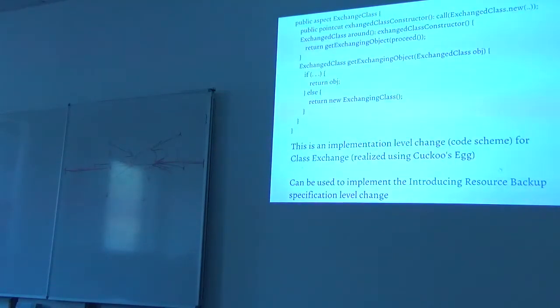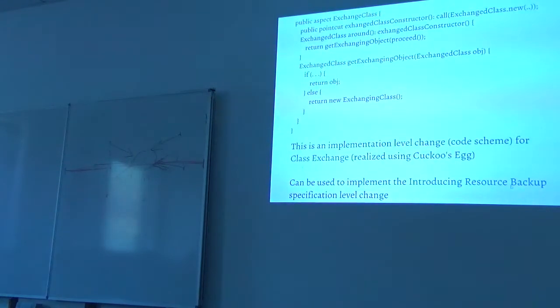What I did in that approach is that my students and I invented some implementation schemes like this. But the thing was also that we need to recognize the problem that we need to address. So on the specification level, this kind of change in specification, or in reasoning about the system, occurs as introducing resource backup.